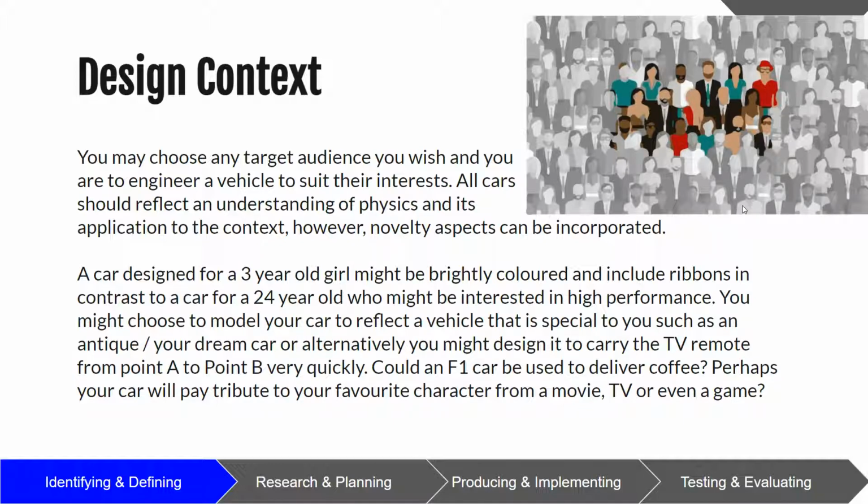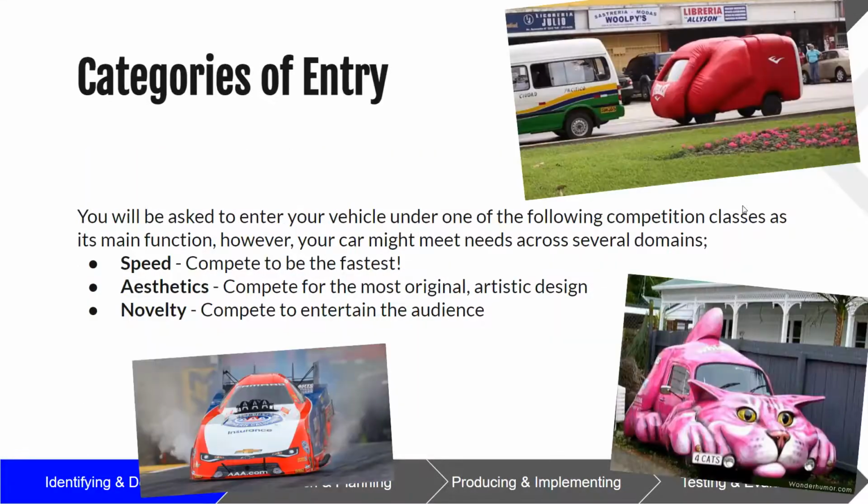Alternatively, it might be your dream car, a model of that, or it could be something really silly like delivering a TV remote or delivering coffee. It might be a bit of a tribute, perhaps, to a character from a movie or a TV or a game of some sort. So we'll allow students to enter under 3 different categories.